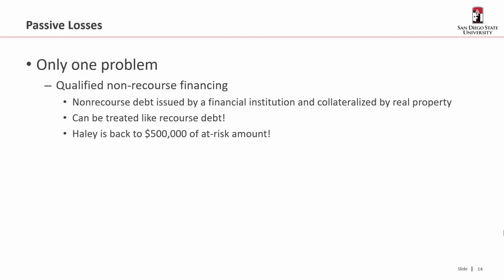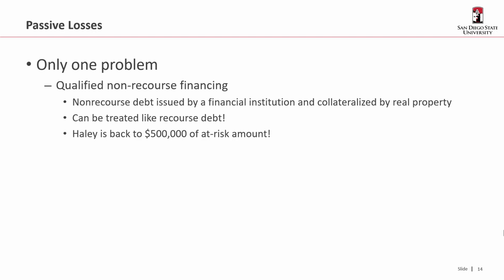So non-recourse financing, recall, is financing that the individual is not liable for, unless it's qualified. So qualified non-recourse financing is generally non-recourse debt issued by a financial institution and collateralized by real property. And if it's qualified non-recourse financing, you treat that debt just like recourse debt.